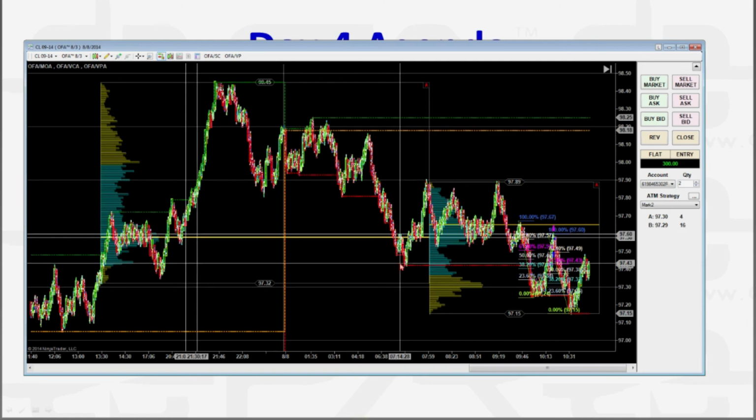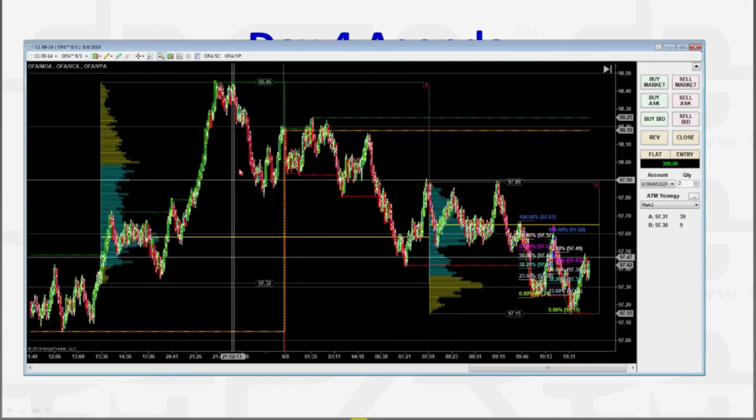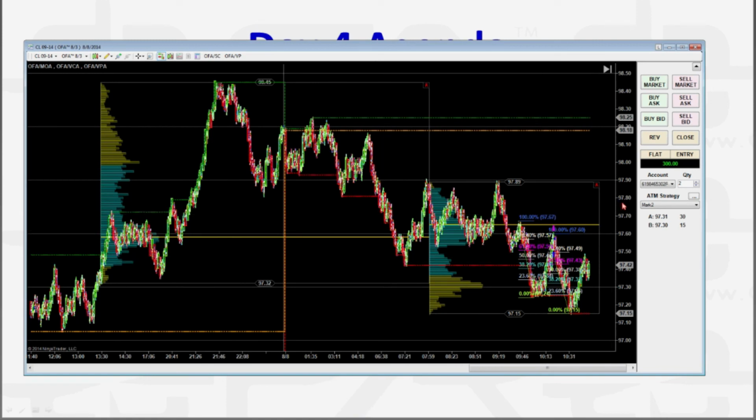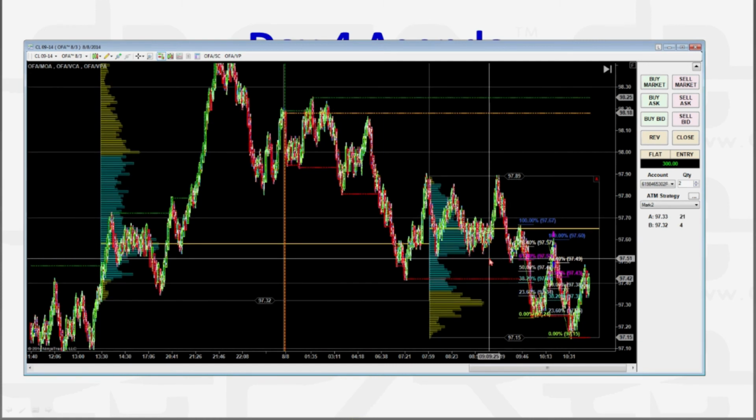So one of the nuances for oil is the Globex volume profile means more to me than on the ES. And then the other nuance with oil is I don't expect these low volume areas to hold. With oil, I'm looking more at the acceptance levels.